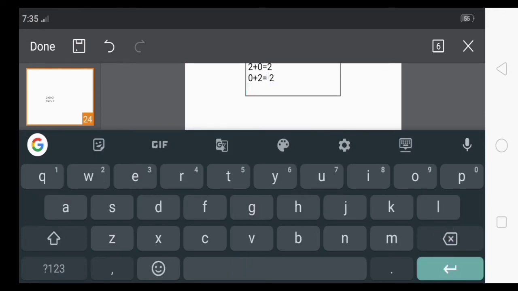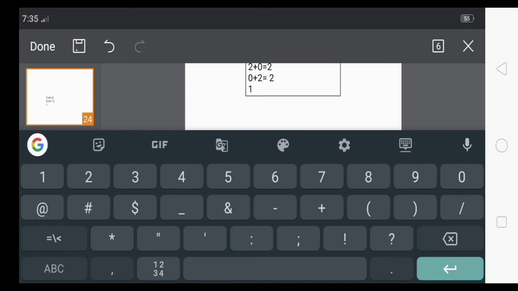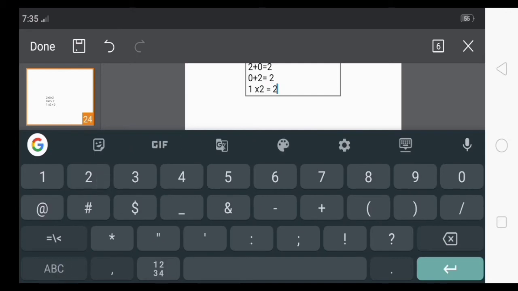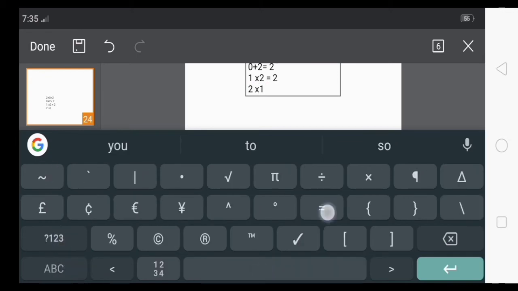In multiplication, 1 times 2 equals 2, and 2 times 1 equals 2.